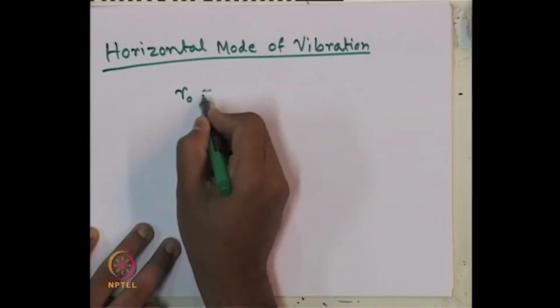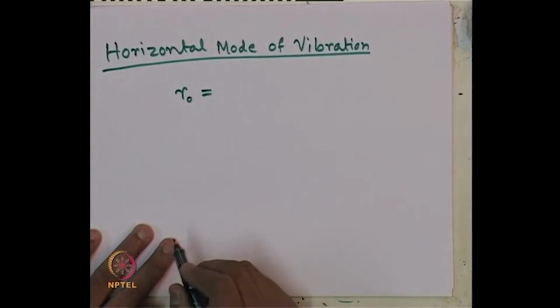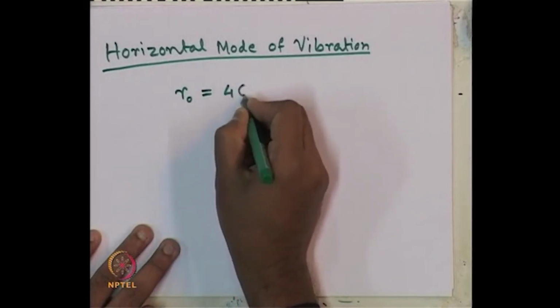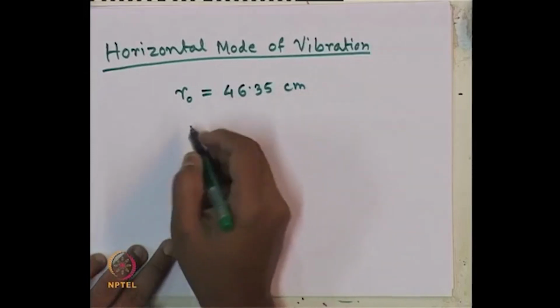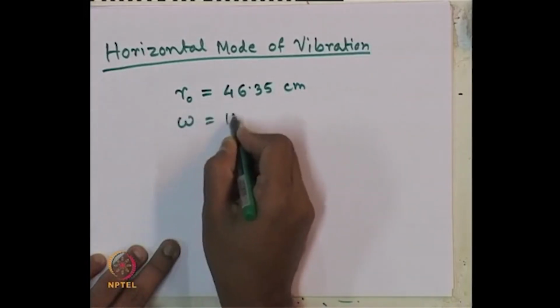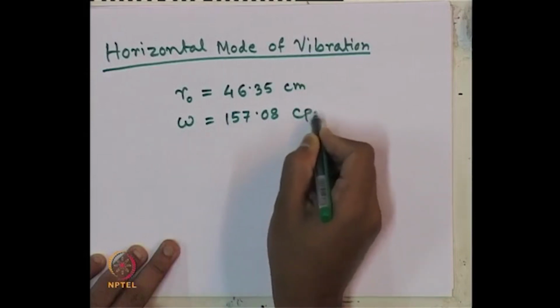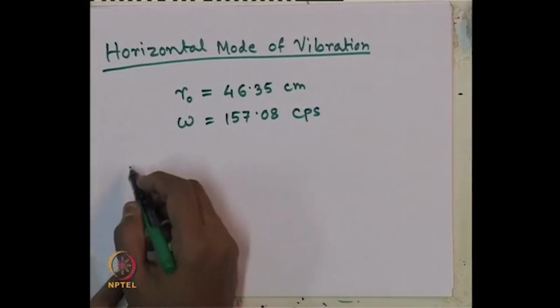Equivalent circular radius R naught will be the same like the vertical one, right, because the expression is the same for translational cases, 46.35 centimeter. Omega also we have already calculated, 157.08 corresponding to 1500 rpm. If you convert it to CPS, it will give this.